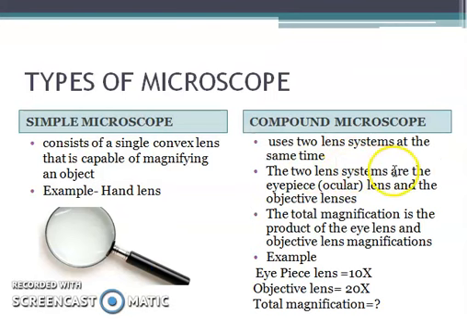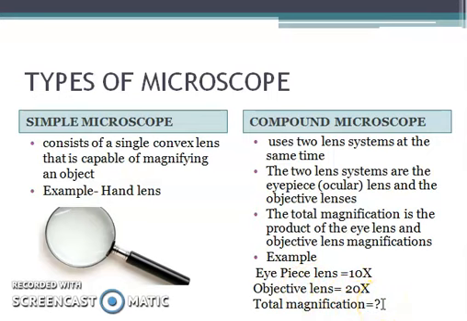So the two lens systems are the eyepiece lens and the objective lens. To get the total magnification, we multiply the eyepiece lens by the objective lens. It is the product of the two. For example, if our eyepiece lens is 10 times and our objective lens is 20 times, the total magnification is 10 times 20, which is 200 times.